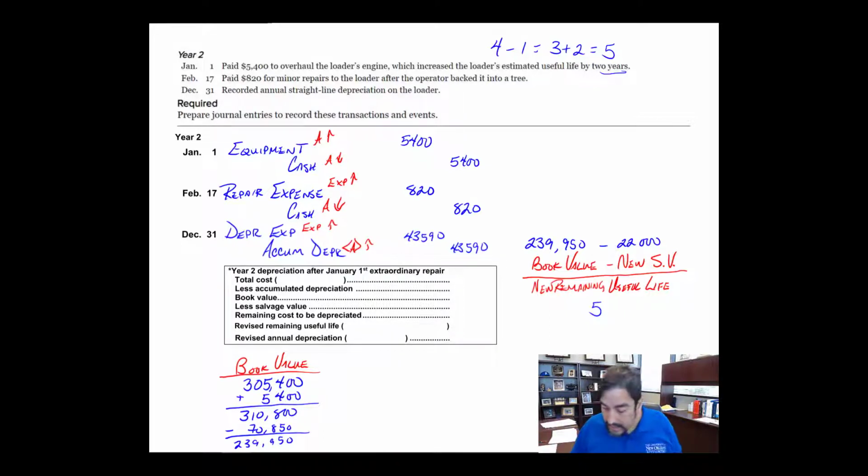Again, I used that formula that we got out of the textbook, out of the slides, but we can fill this out as well. The total cost is what we came into the year with plus the betterment from the current year.